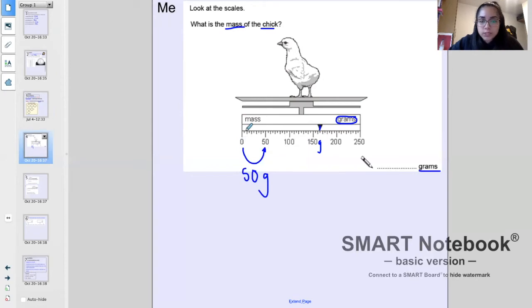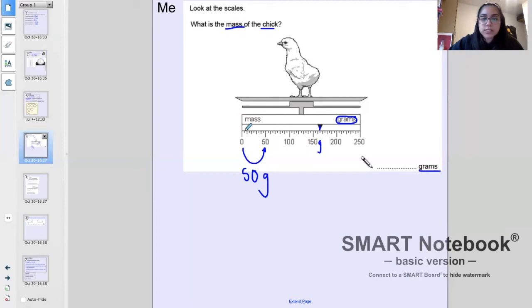And the way we do that is we look at our 50-gram jump and see how many lines there are, how many increments there are between 0 and 50, okay? So if we count together, we've got 1, 2, 3, 4, 5, 6, 7, 8, 9, 10.